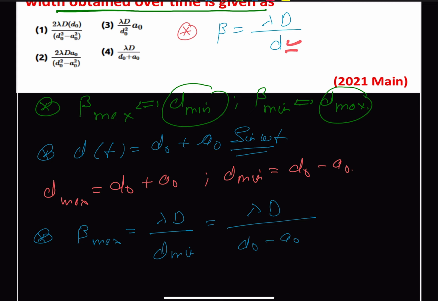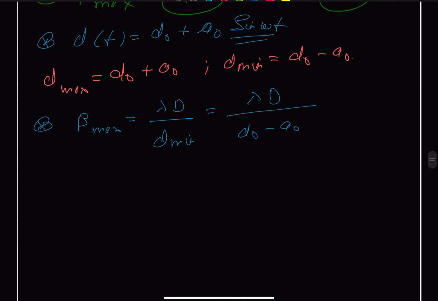And our beta minimum will be equal to lambda D upon d maximum. This comes as lambda D upon d naught plus a naught.